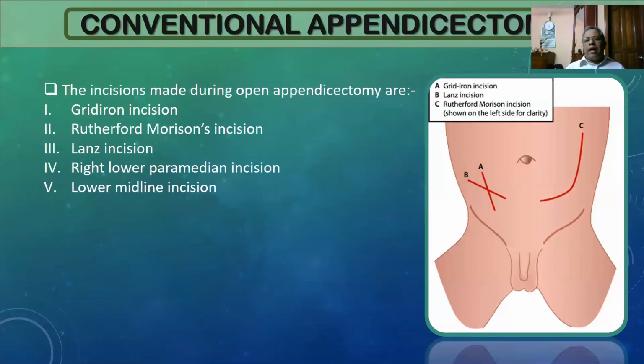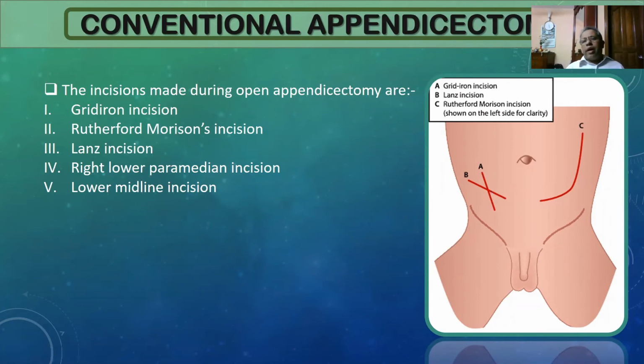So what is the difference between Lanz and gridiron? The only difference is that the skin incision is transverse, instead of at right angles to the spinoumbilical line. And the difficulty in case of the Lanz incision is that it is to some extent more difficult to expose the side. That is the only difficulty.